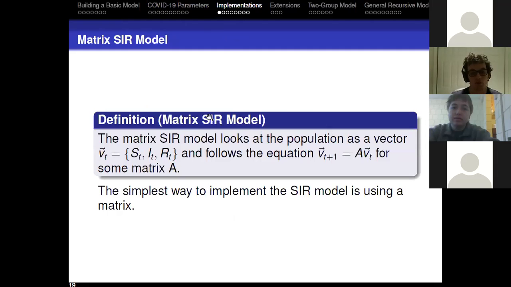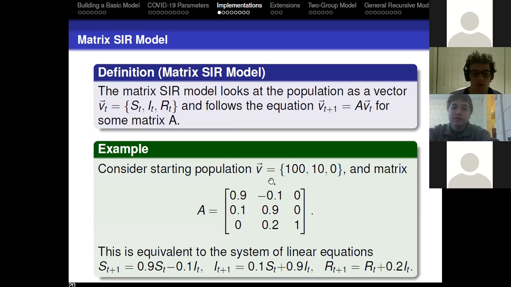The simplest way mathematically is just the matrix SIR model. We did this in some homeworks, but you look at the population at time t as a vector, S_t, I_t, R_t, and then you have some fixed matrix A, and at every step in time you multiply your vector by that matrix A. An example is something like this.